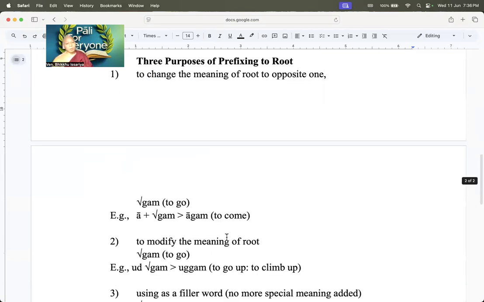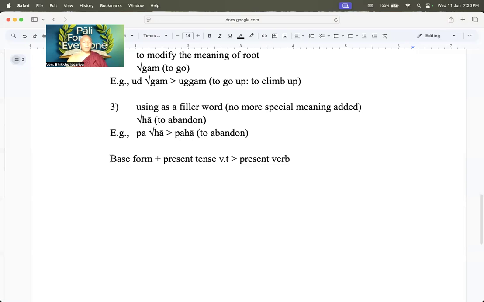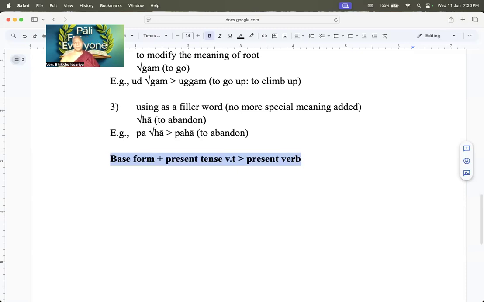Okay, so now, to form the present verb. Firstly, ruha and the R, we have the hara base.